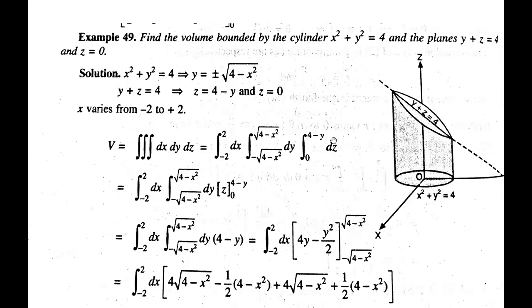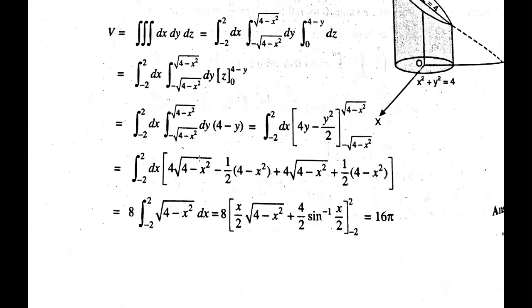So just integrate first with respect to z, so 0 to 4 minus y, then integrating with respect to y, so minus 2 to 2, this is the x limit, and 4y dy integration, y, and y integration, y square upon 2. So just apply the limit here.